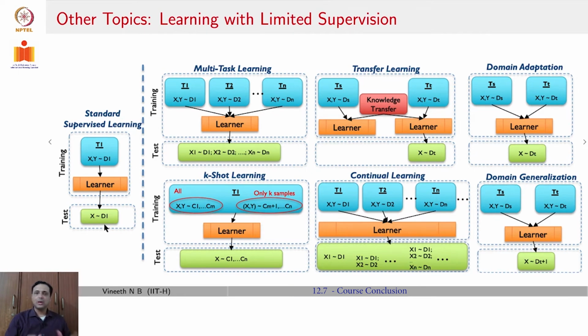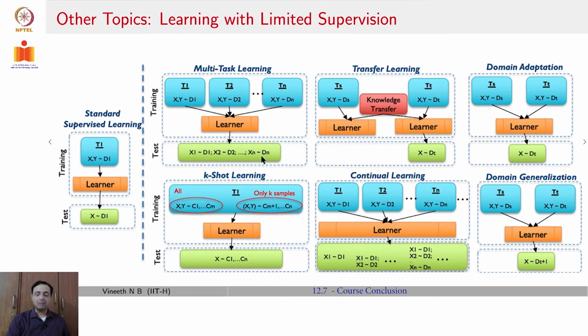So now you can adapt this paradigm to several other paradigms, some of which we have seen, some of which we have not. Multitask learning is a setting where you train a model using a learner, using data from multiple different tasks to learn a single model that can then classify all the tasks across the image at test time.